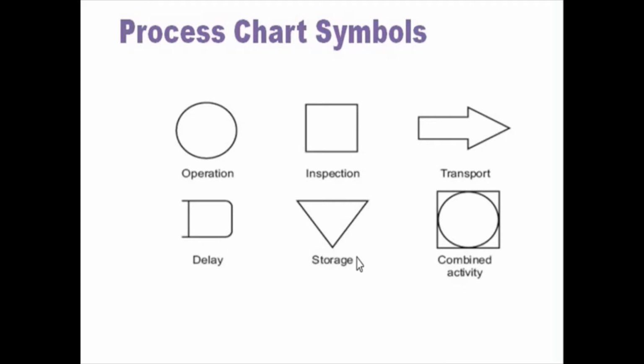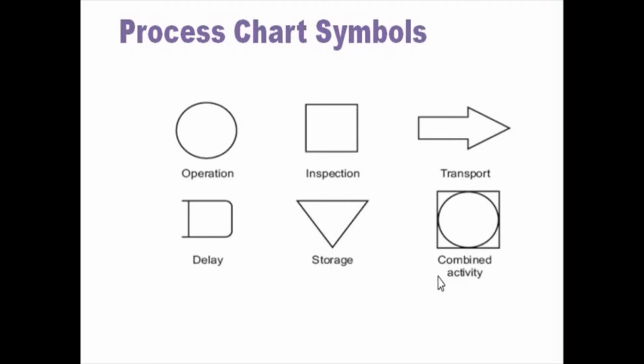Next is the triangle. This is an equilateral triangle standing on its vertex. It represents storage, which we can call permanent storage. Storage takes place when an object is stored. For example, we can consider a store room or material storage; there it is represented by this equilateral triangle standing on its vertex.